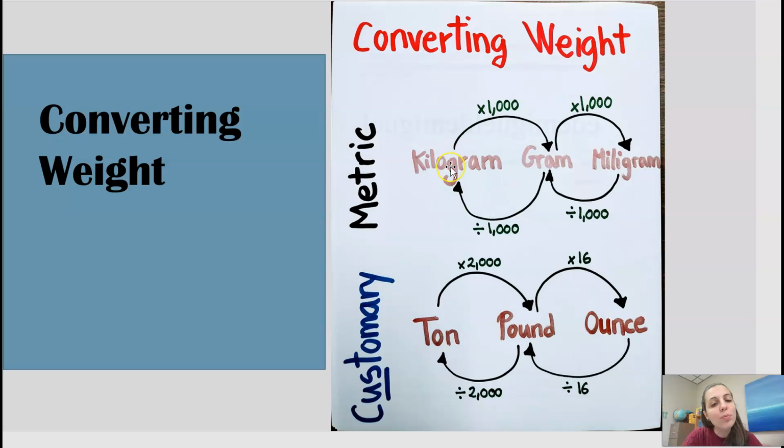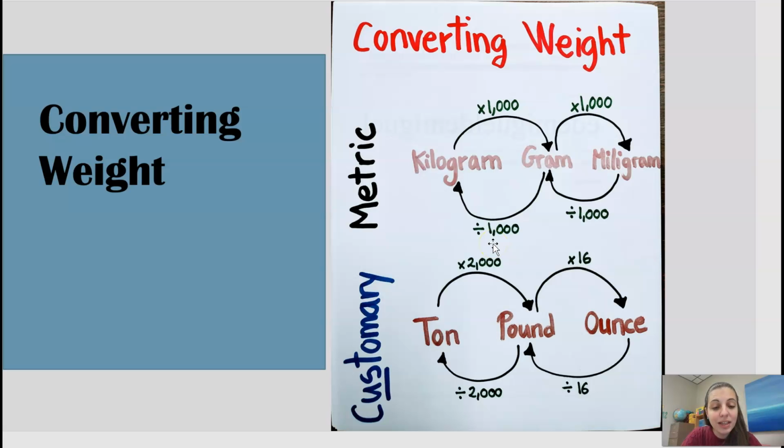Okay? So to compare one unit, like a kilogram, to grams, we need to use the rule. The rule is multiply by 1,000. If we want to convert grams into kilograms, we have to divide by 1,000.